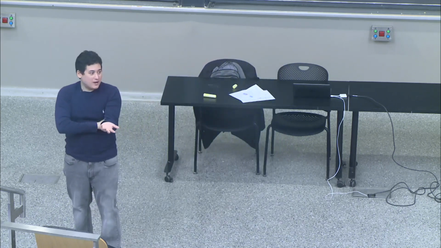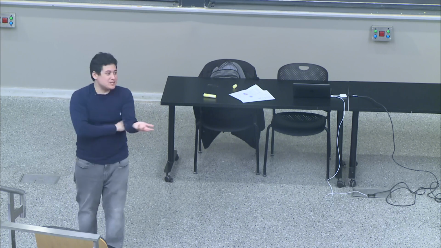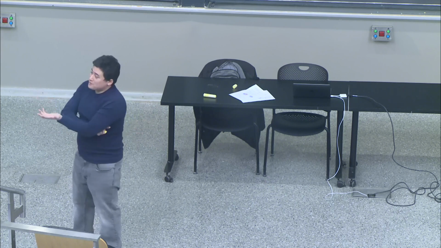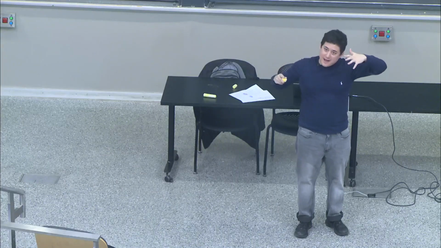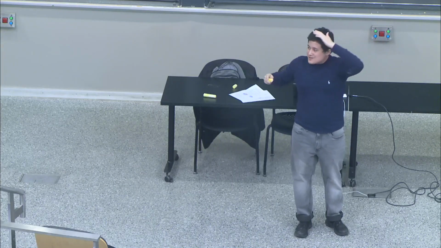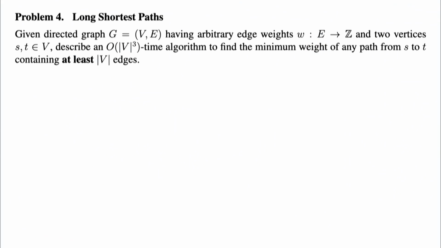That seemed a reasonable other way to think about this problem. I knew how to do up to a certain set of edges. Here we're asking for at least. Maybe the thing in between is a little easier to think about.